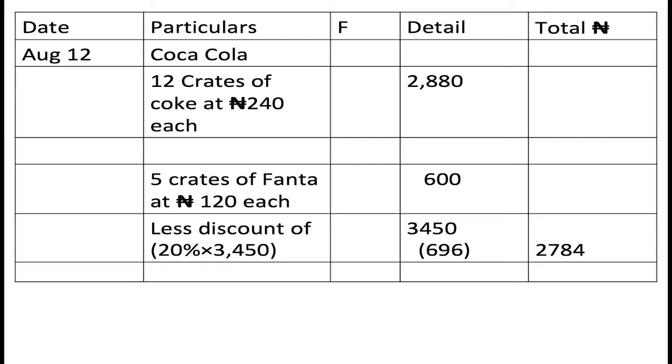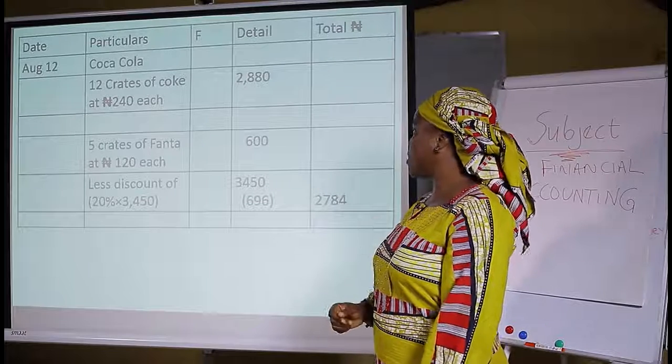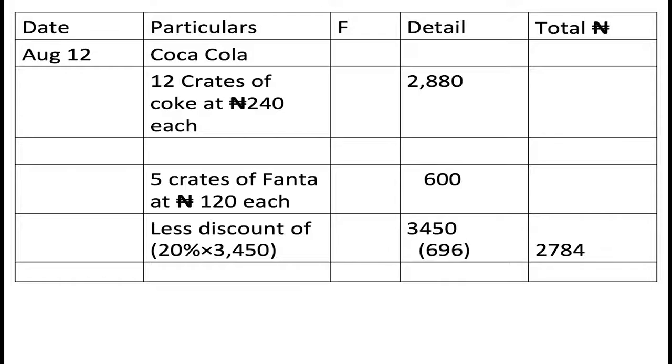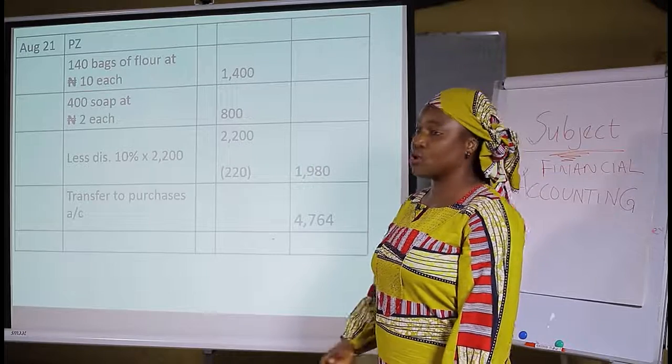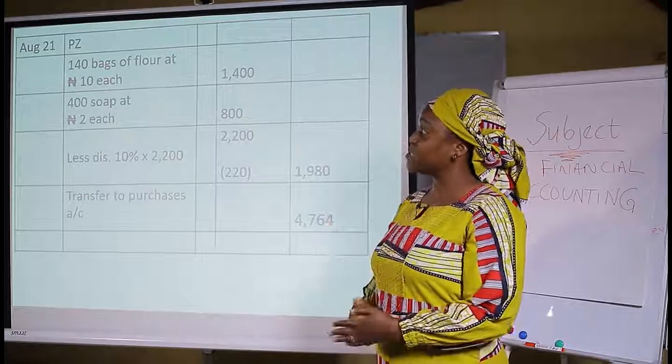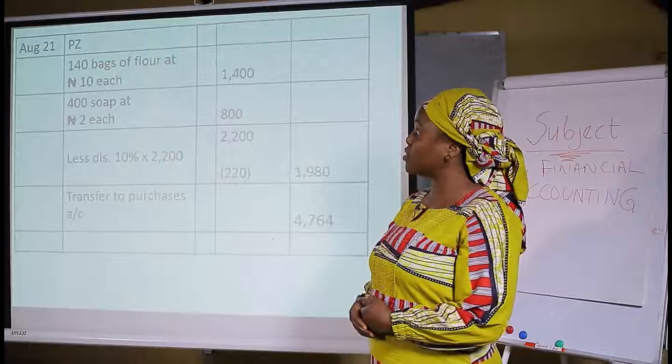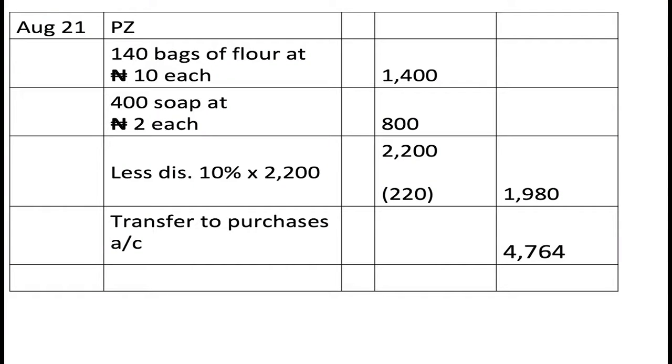They have a discount of 20%. 20% of the sum, which is 3,480 naira, will give us a minus of 696 naira. When you sum up the whole of this figure, our total is 2,784 naira. PZ made supplies to Abubakar and Son, 140 bags of flour at 10 naira each, you have 1,400.